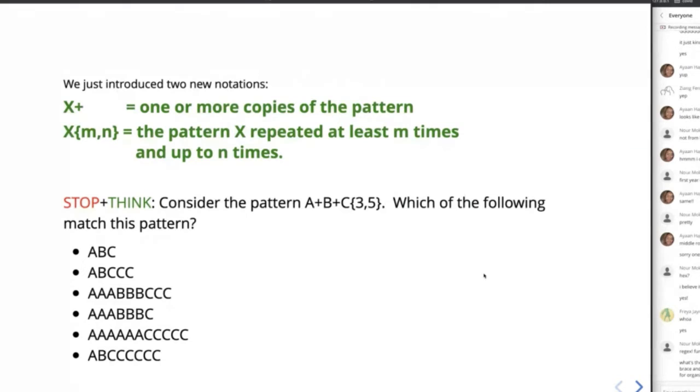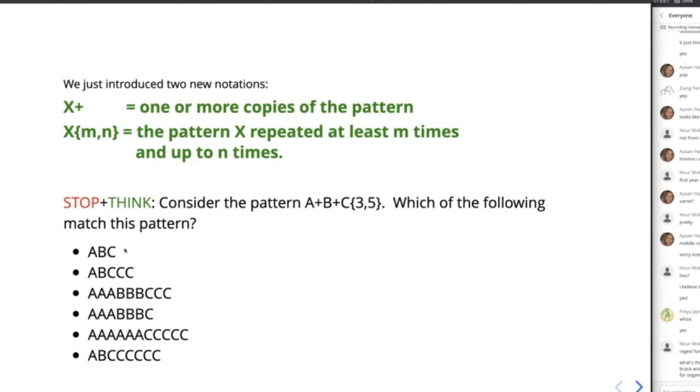No, I'm not looking at a typo. Sorry. So the pattern that we want to think about here, where we stop and think, is A plus, B plus, and then C curly bracket 3 comma 5.